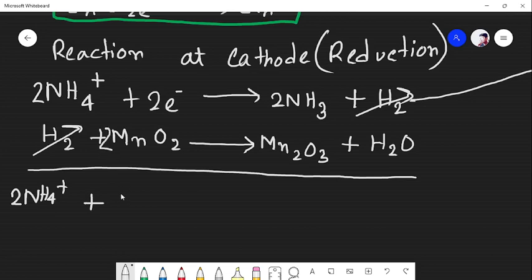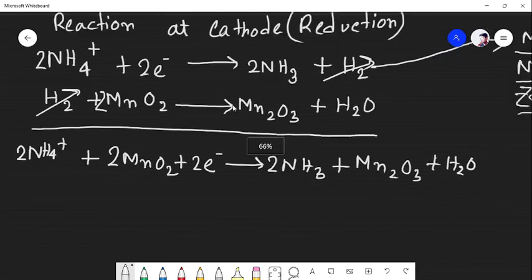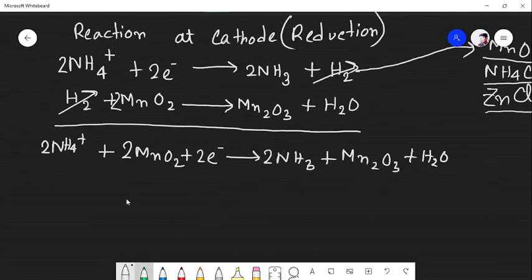Here should be 2, right? 2 ammonium, 2 manganese dioxide and 2 electrons, resulting in 2 NH3 plus Mn2O3 and water. Ooh, it is a big reaction. So this is the reaction taking place at the cathode.